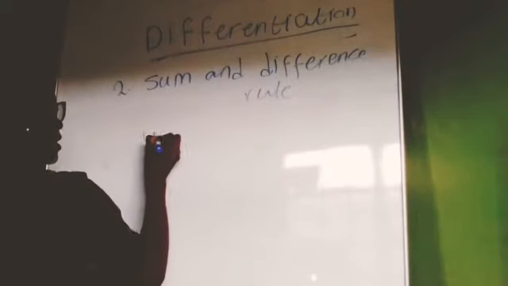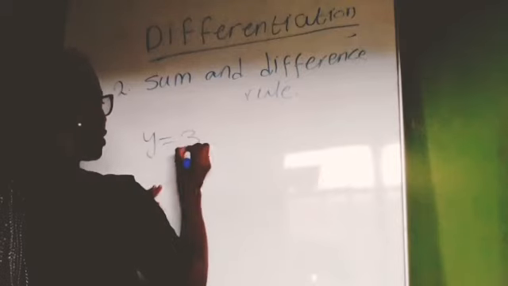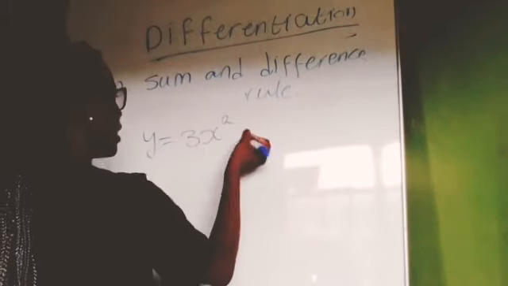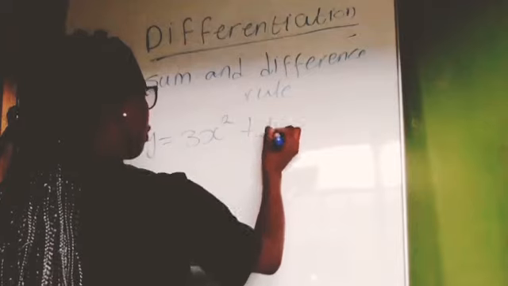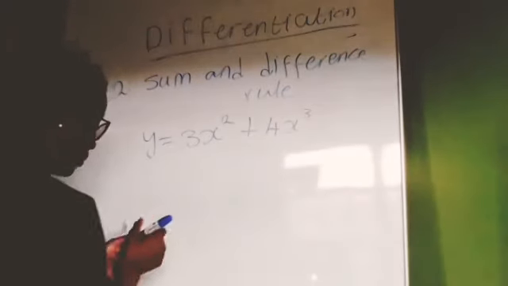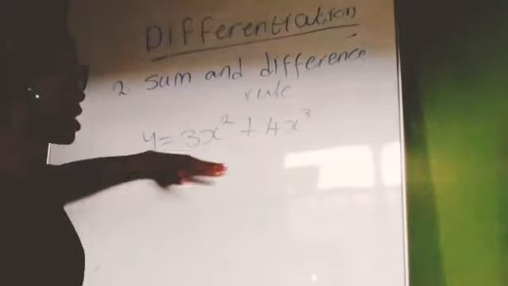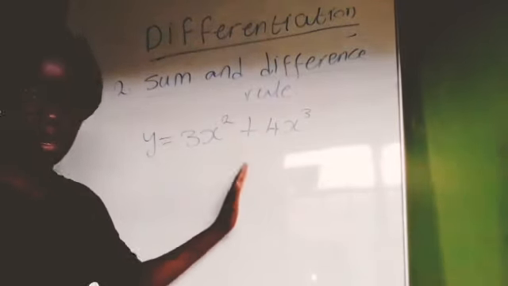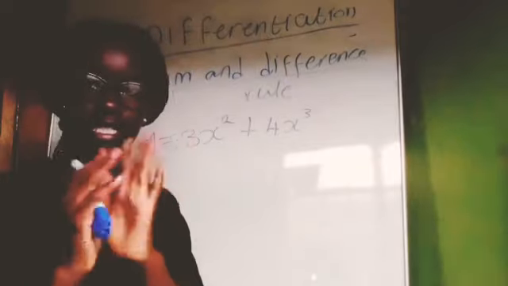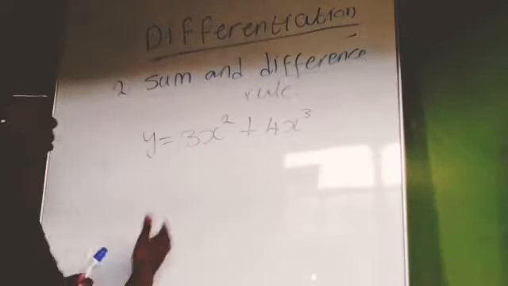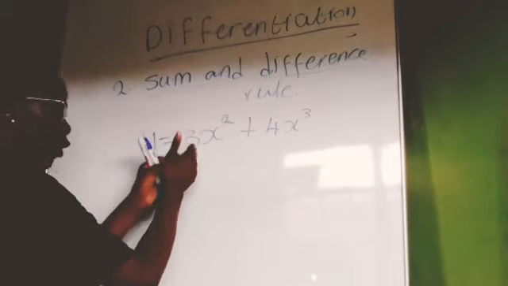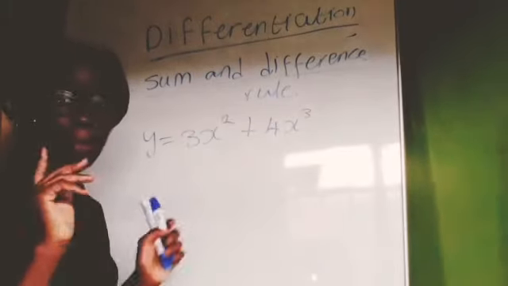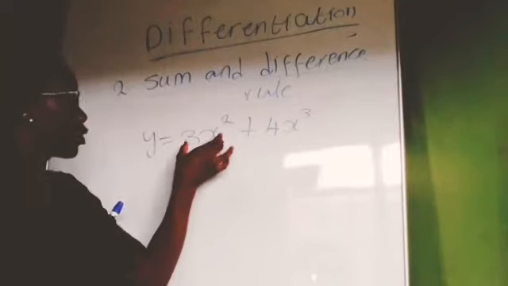So y, let's say the equation y is equal to 3x squared plus 4x to the power 3. So this is an example of an equation in the sum and difference rule. You've got 2 or more terms that are separated with a plus or a minus sign. But the differentiation is the same as with the power rule. So we'll still be multiplying the power times the coefficient, and the power will reduce by 1. Okay. Except we're going to be doing them separately.